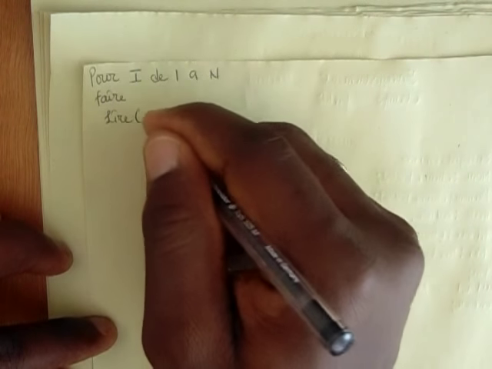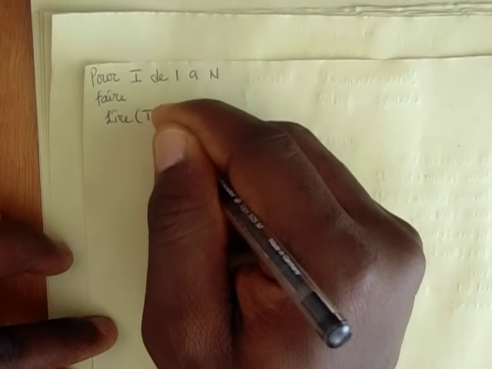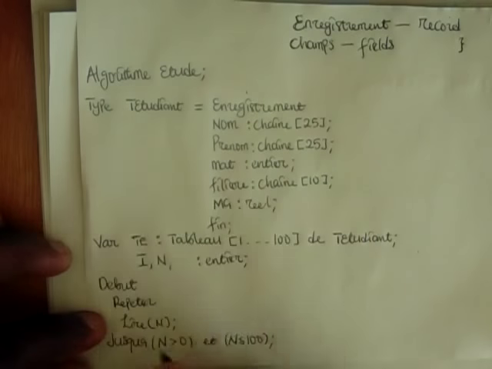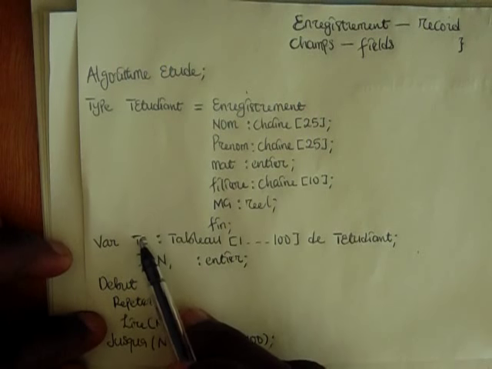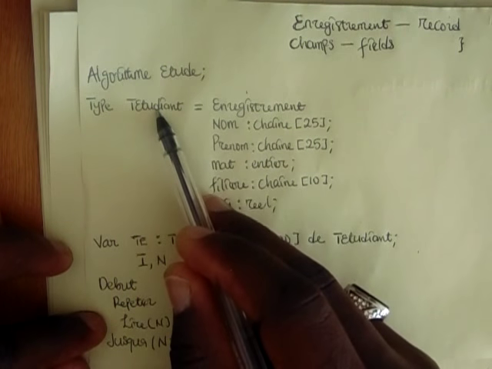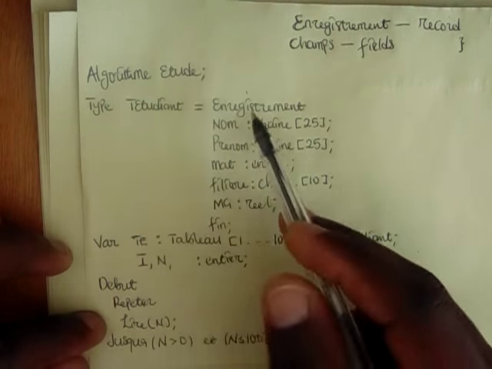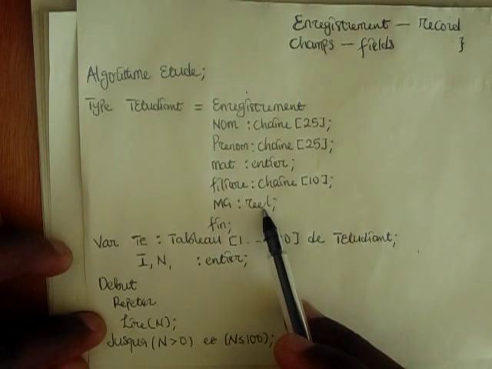Scan TE. So the function of TE here, as I told you, would be that it will associate itself to T étudiant. And what does T étudiant contain? Each of the field items.